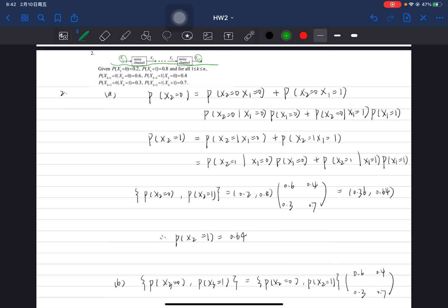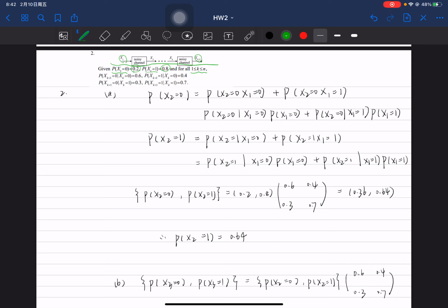Given that the probability of x1 equals 0 is 0.2, and the probability of x1 equals 1 is 0.8, for all k larger than 1 and smaller than n.